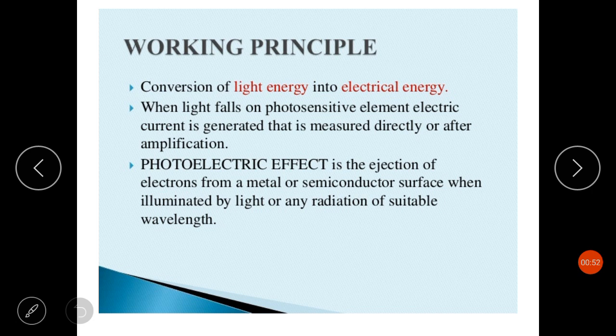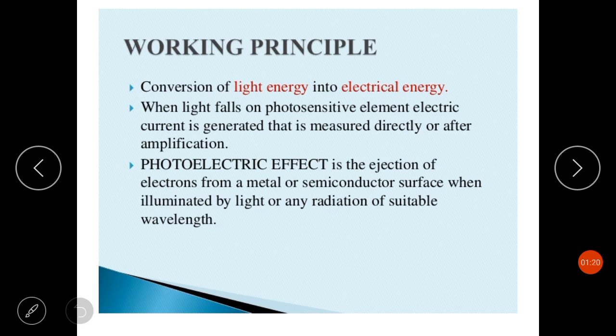Otherwise, the general definition of a transducer is that it converts one form of energy into another form of energy. So the purpose of optical or photoelectric transducers is to convert light energy into electrical energy.